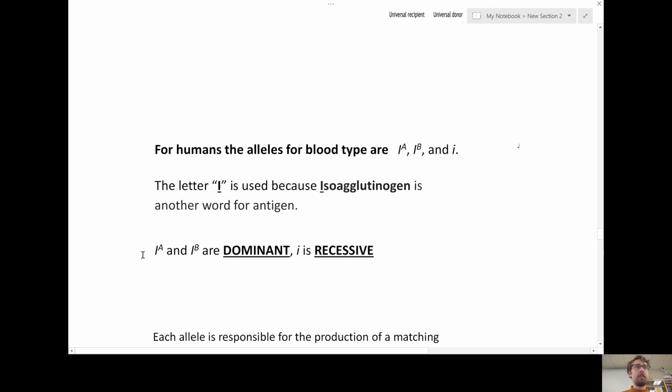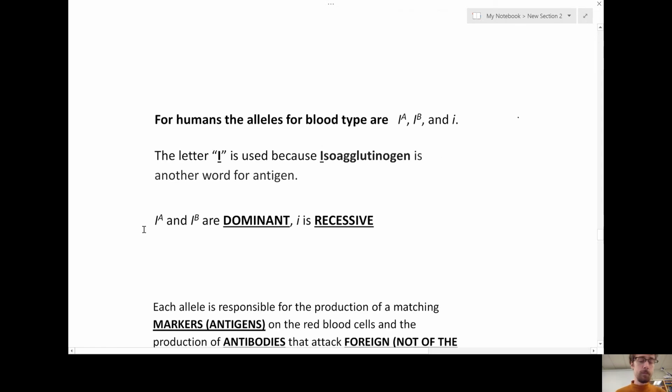So you can end up with complete dominance of one, or homozygous dominance of one type, or we can end up with codominance, or we can end up with a homozygous recessive trait showing up.